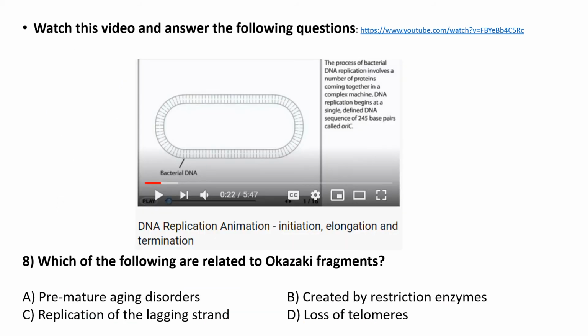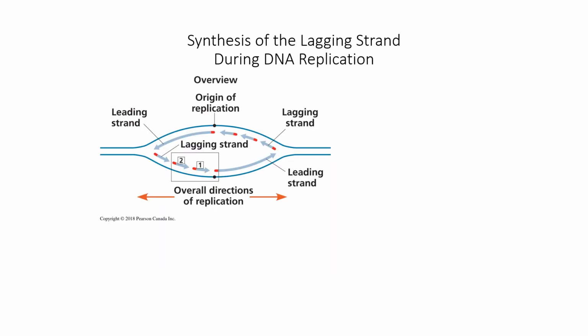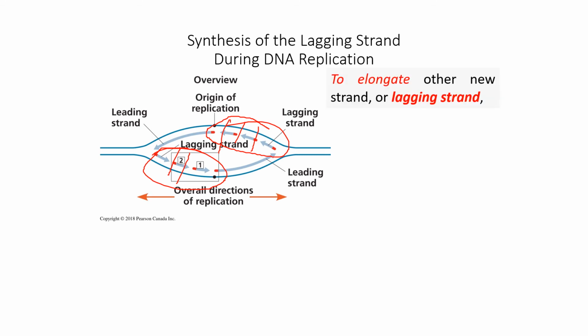Okay, now here I ask you something. I want to know your knowledge about the Okazaki fragment, and I give you 4 options. So here we have, again, the lagging strand, and in the lagging strand, if you remember, these sections are not synthesized continuously.